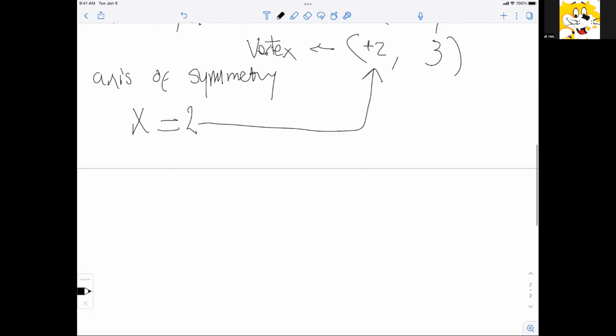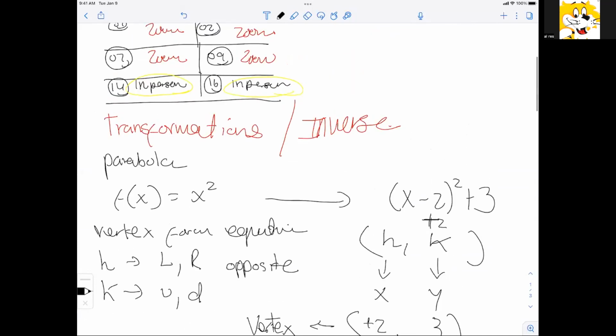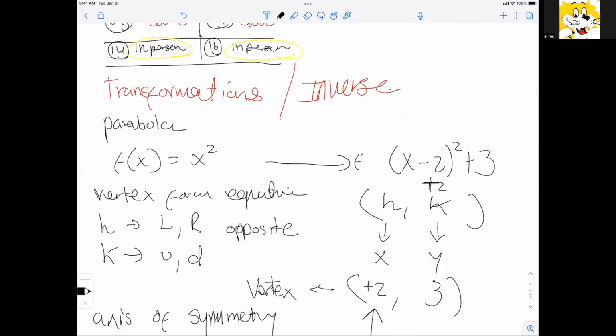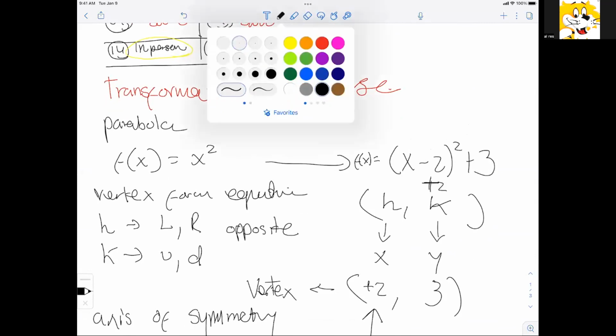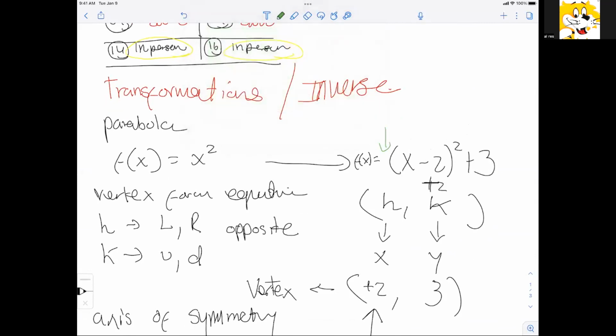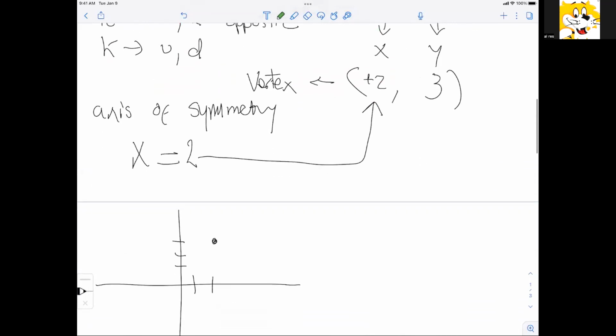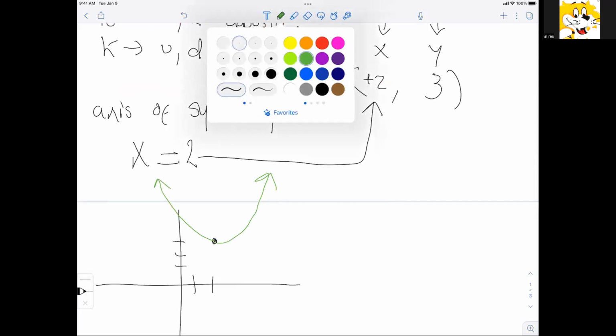So if I draw this and I put my vertex, that would be 2, and then this is 3. I know I have a positive parabola because this value here is positive. So I know this parabola is going to look this way. My axis of symmetry, I said, was x is equal to what?